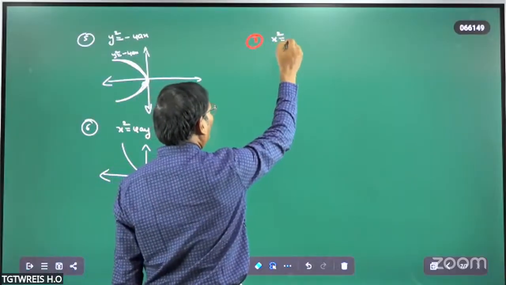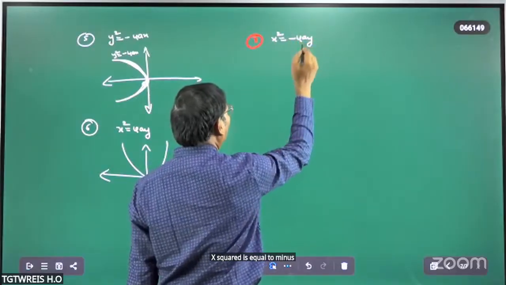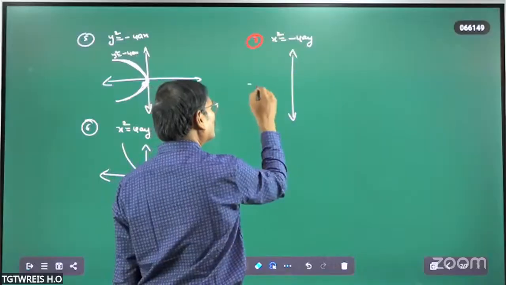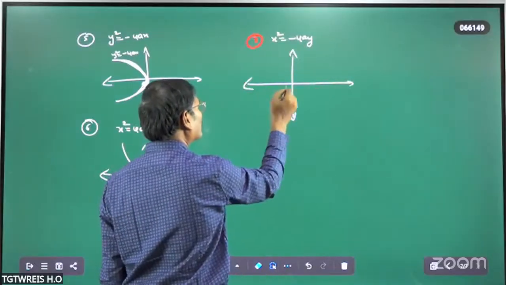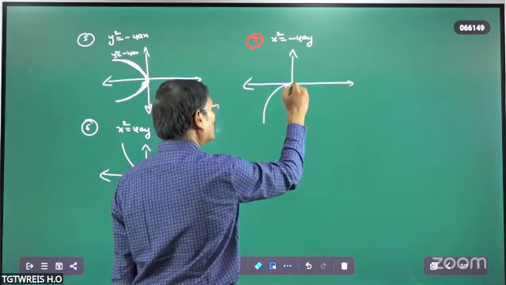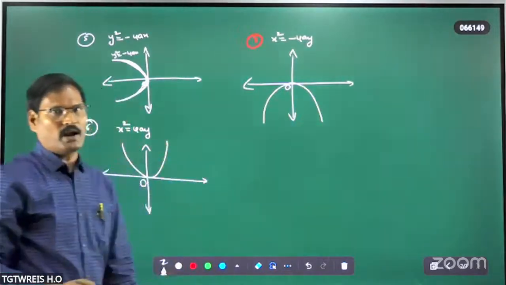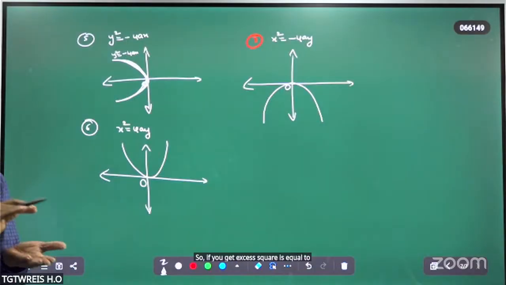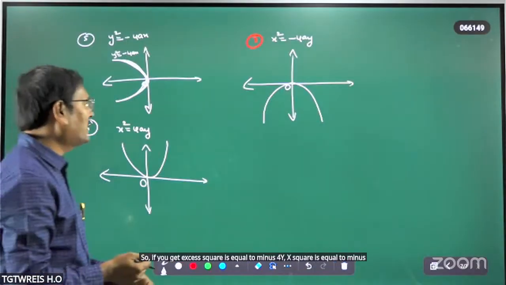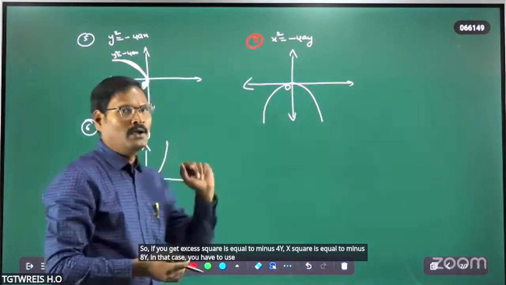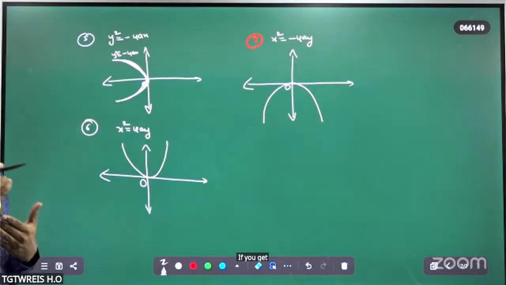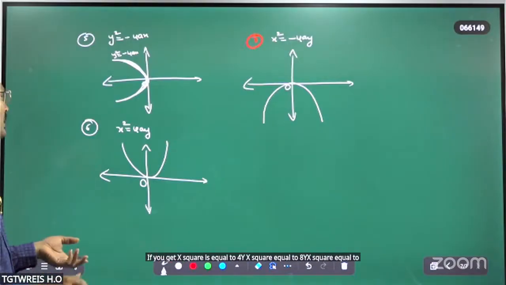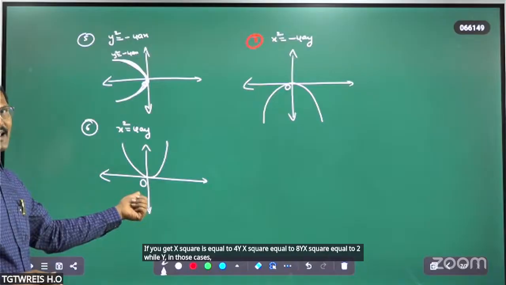X square is equal to minus 4ay. So a downward parabola. So if you get x square is equal to minus 4y, x square is equal to minus 8y, in that case, you have to use this graph. If you get x square is equal to 4y, x square equal to 8y, x square equal to 12y, in those cases, you have to use this diagram or this graph.